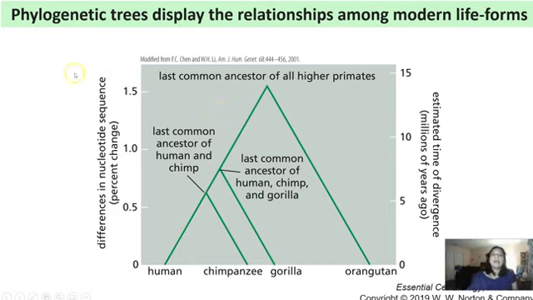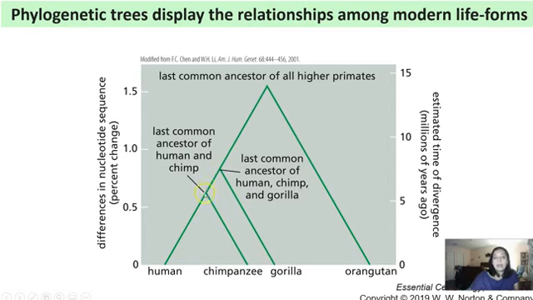And so you can see how both chimpanzees and gorillas are more closely related to humans compared to orangutan. And they have both diverged from each other as well over time.